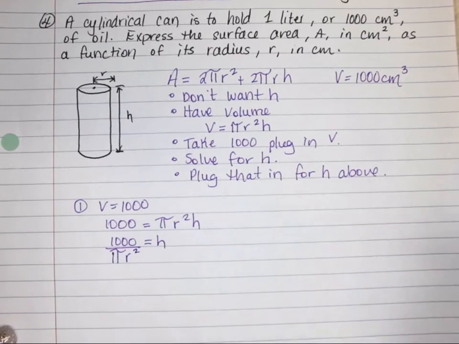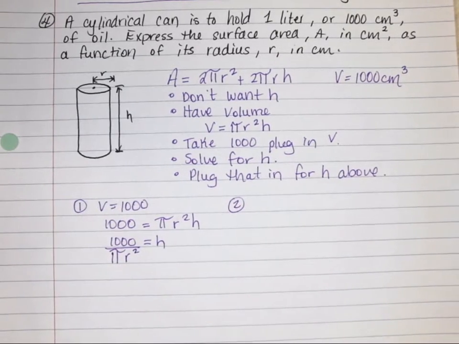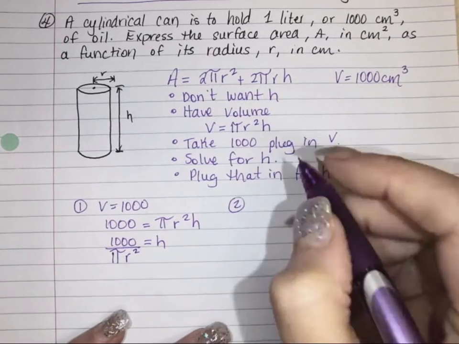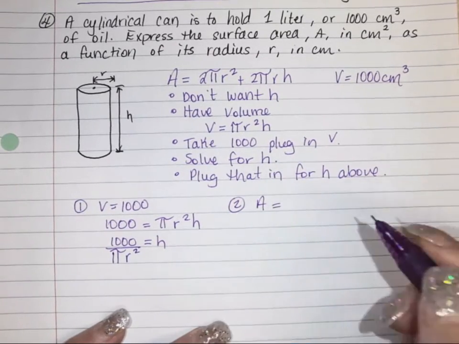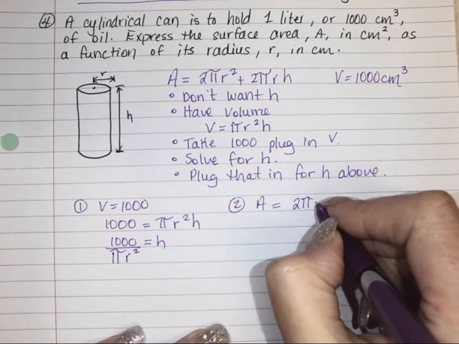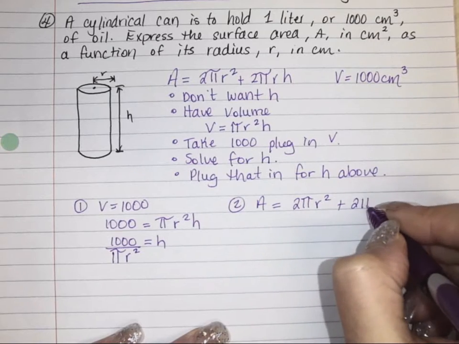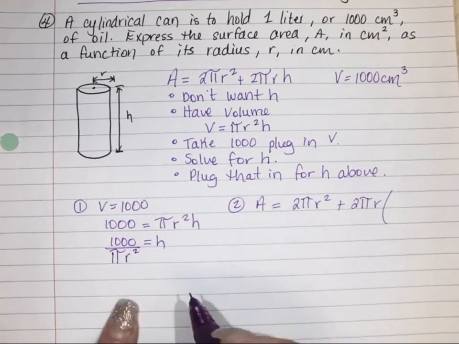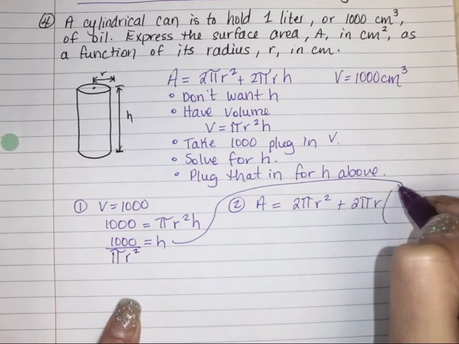That's equal to H. All right, step 2. We are going to plug that in for H into the area function. So 2 pi r squared plus 2 pi times radius. Plug this in for height.